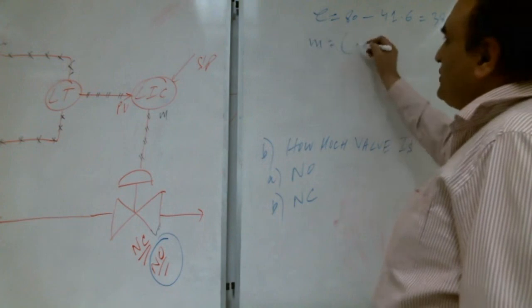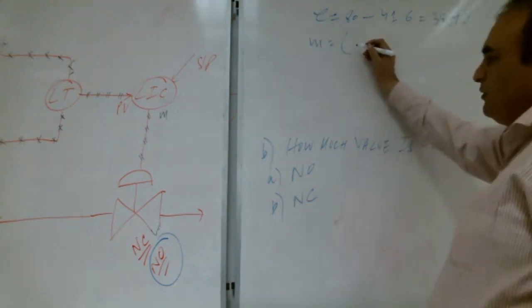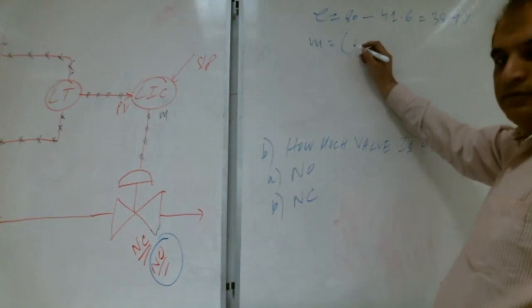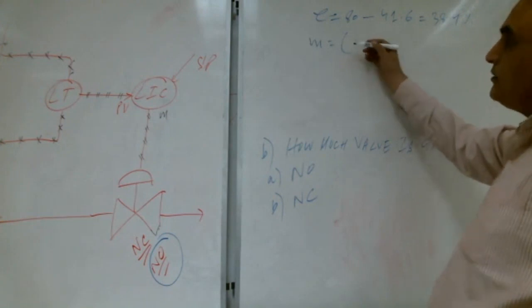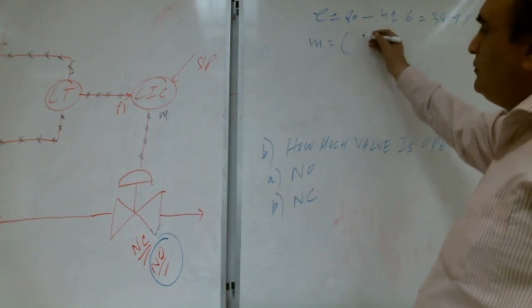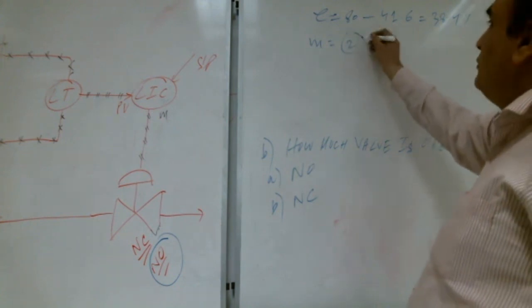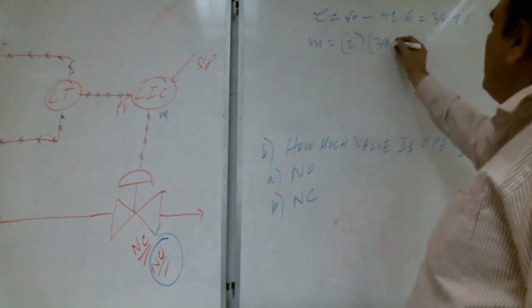Output is equal to Kc times error plus MR. How much is Kc? 2. Error 38.4.